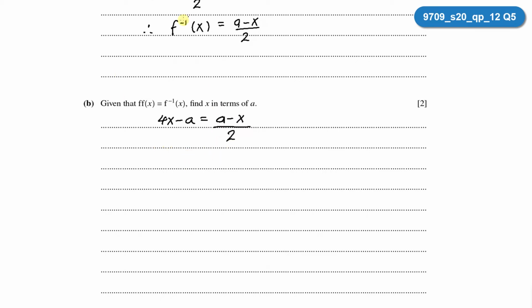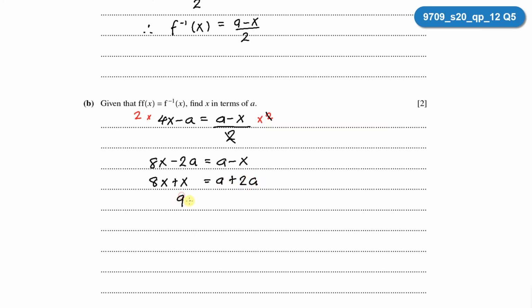So let's simplify this, multiplying both sides by 2. We'll be getting 2 times 4x, that's 8x, and 2 times minus a, that's minus 2a. It's equal to, these 2's will cancel, so it's a minus x. Then adding x to both sides, we'll be having 8x plus x, and adding 2a to both sides, we'll be having a plus 2a.